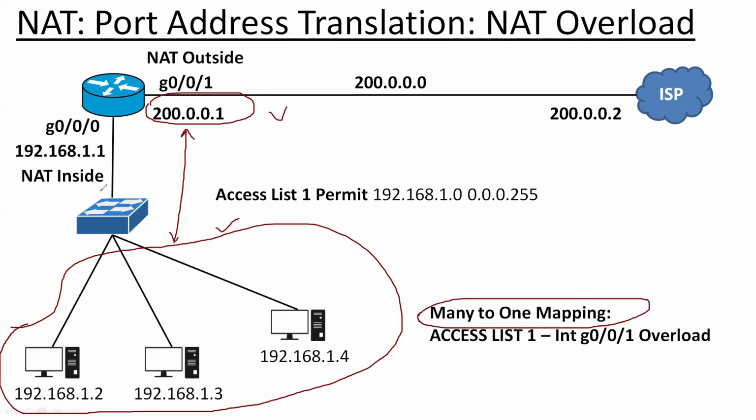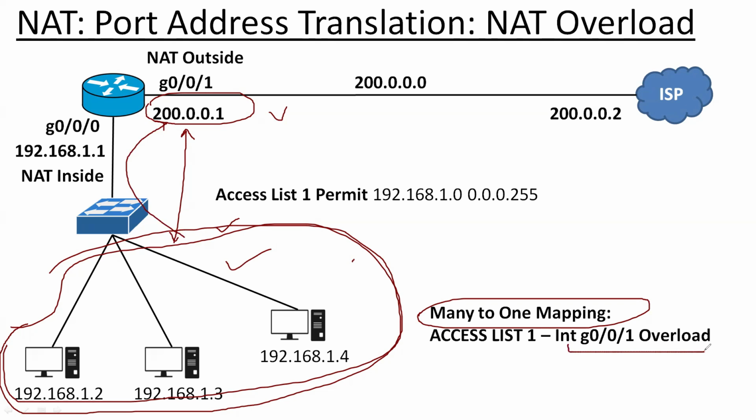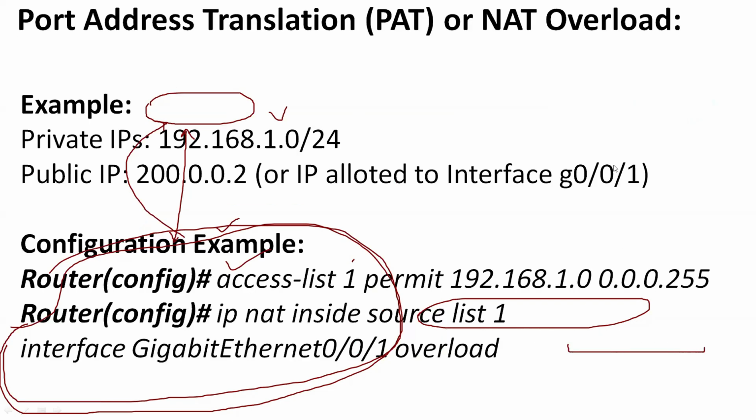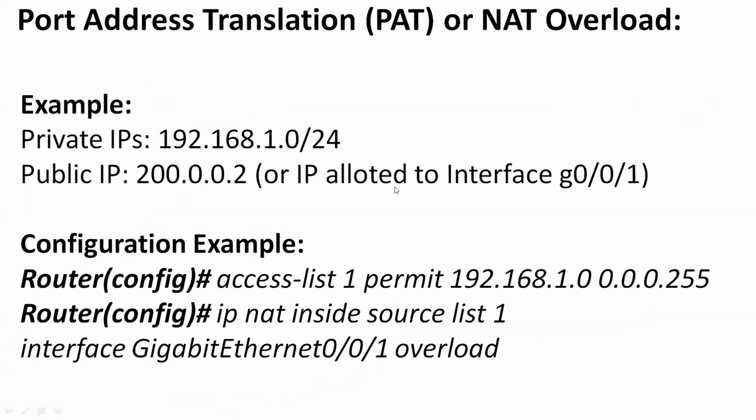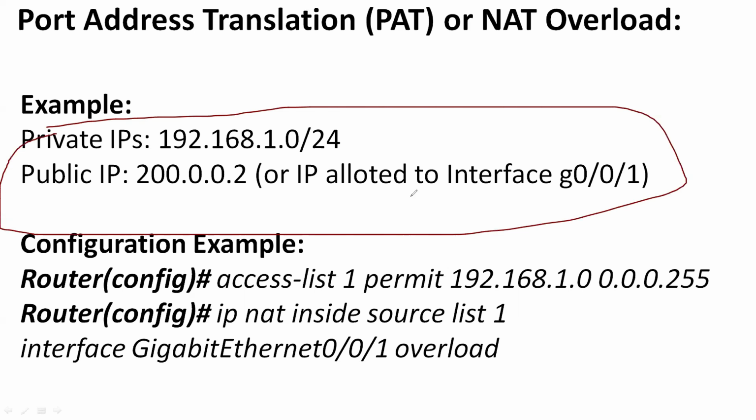Now, how can you do that? To select these IP addresses, or any number of IP addresses connected to a router, you have to create an access list to select these IP addresses and map all of them to a single IP address by putting the command NAT overload or interface overload. These are the configuration steps. First, you provide a network for your private IP, and for the public IP, you allot that public IP to the interface.